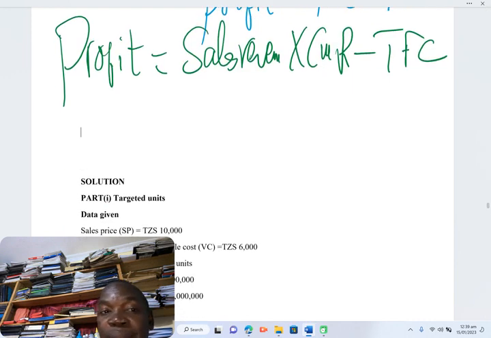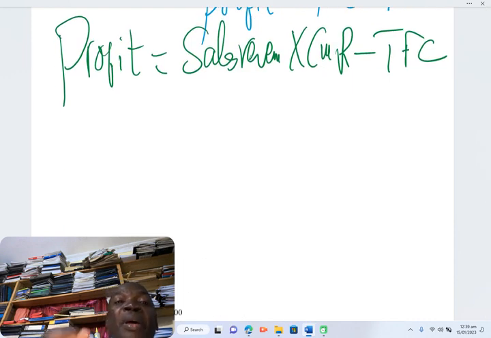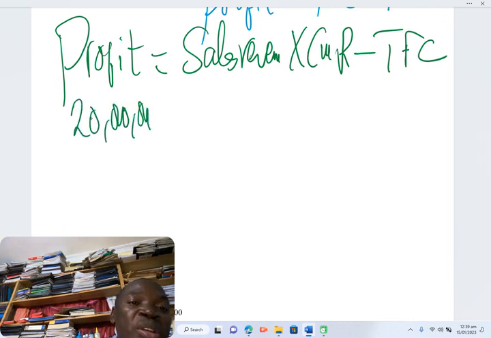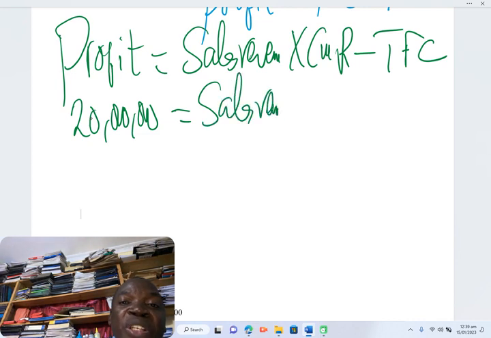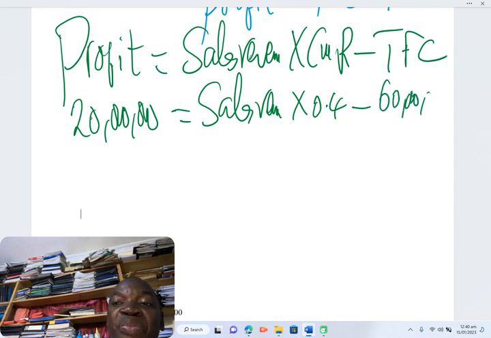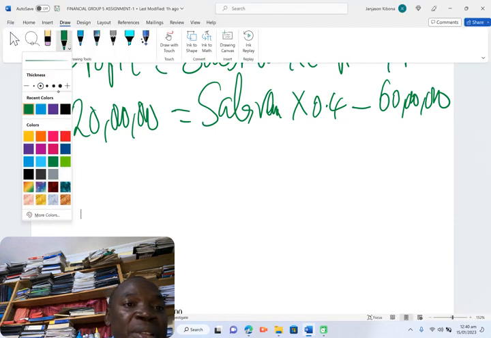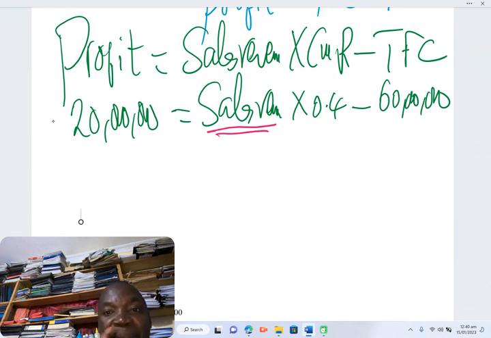So profit is 20 million. Sales revenue is the target to be computed. CMR is 0.4. Total fixed cost is 60 million. Now, make sales revenue the subject.